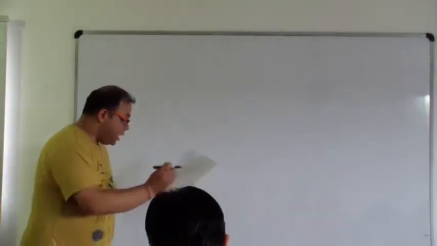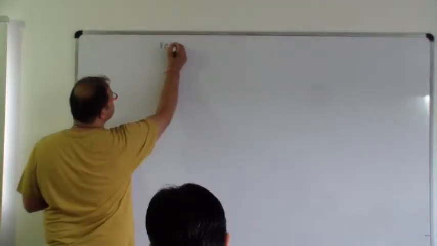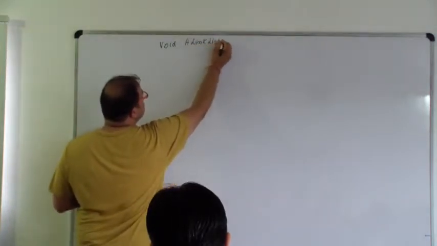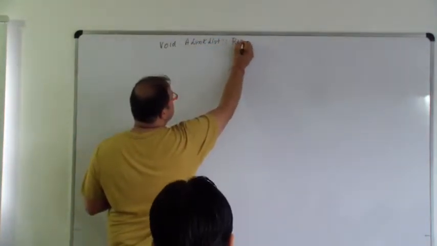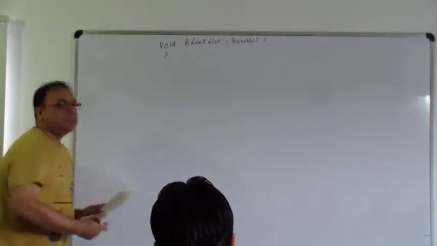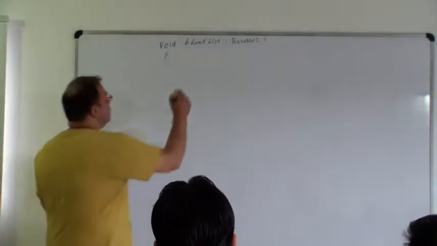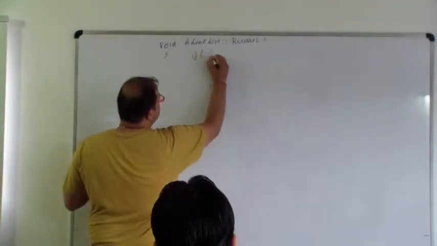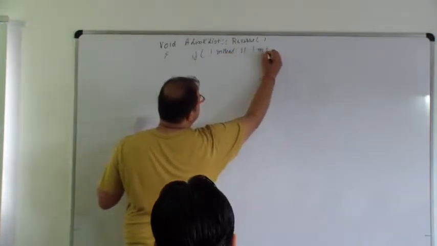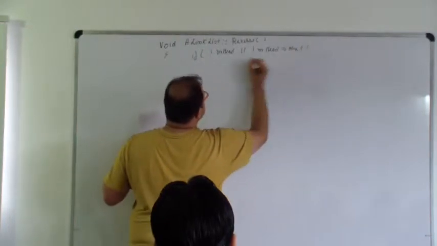So I will write the code for reverse. So void LinkedList colon colon reverse. If the list is null or there is just one thing, we don't care, so we'll check if not m head or not m head arrow next, return.